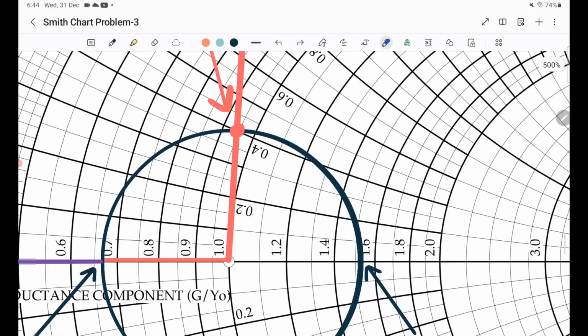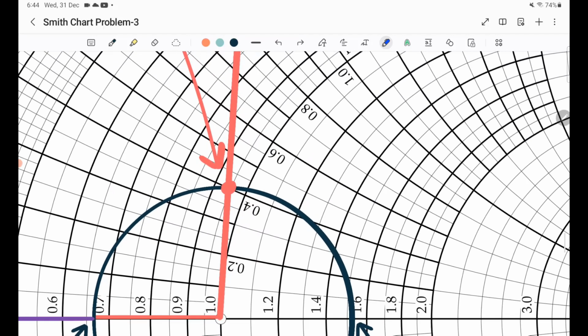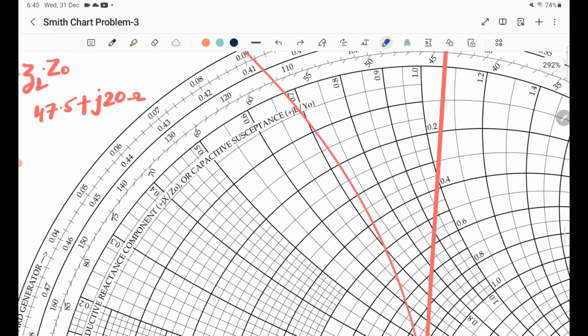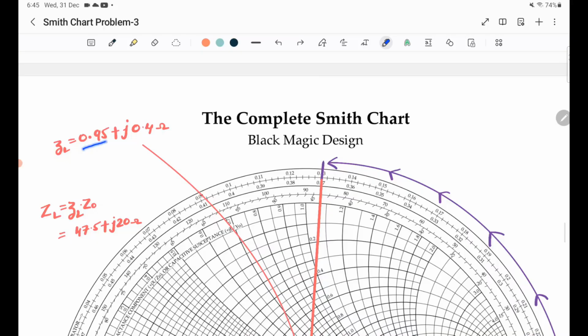If you zoom in, you will find that the constant resistance circle passing through here is somewhere between 0.9 to 1, that is 0.95, and the constant reactance circle which is passing through this point is 0.4. So that is why the value of the normalized load impedance is given as 0.95 plus j0.4 ohm.